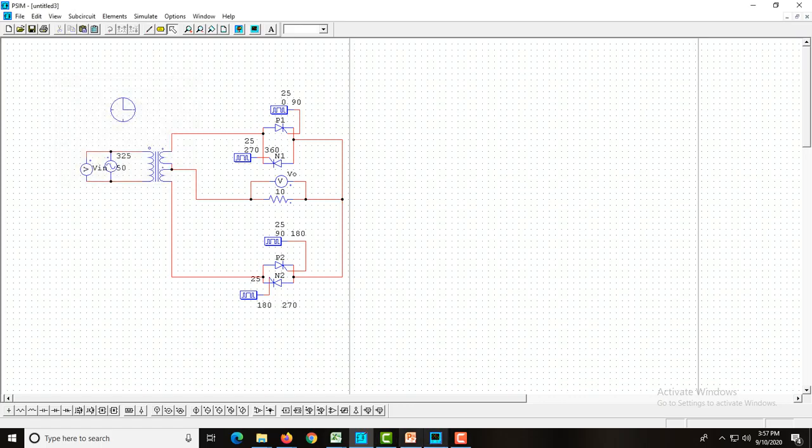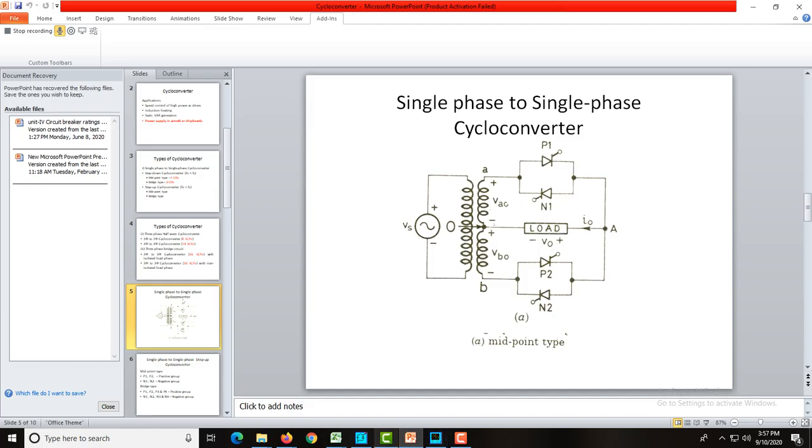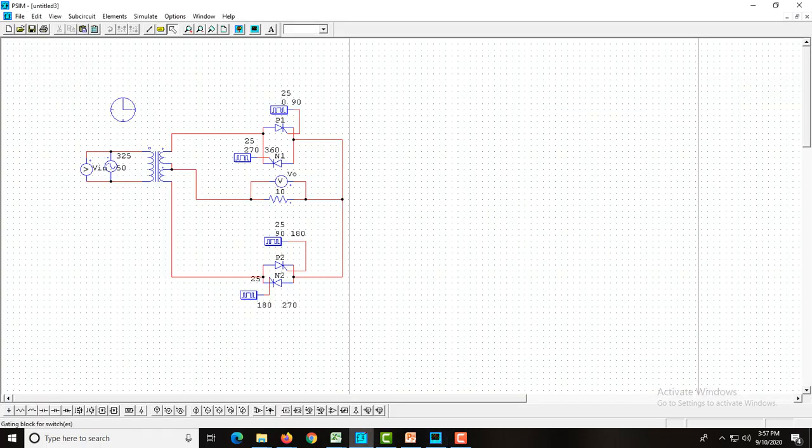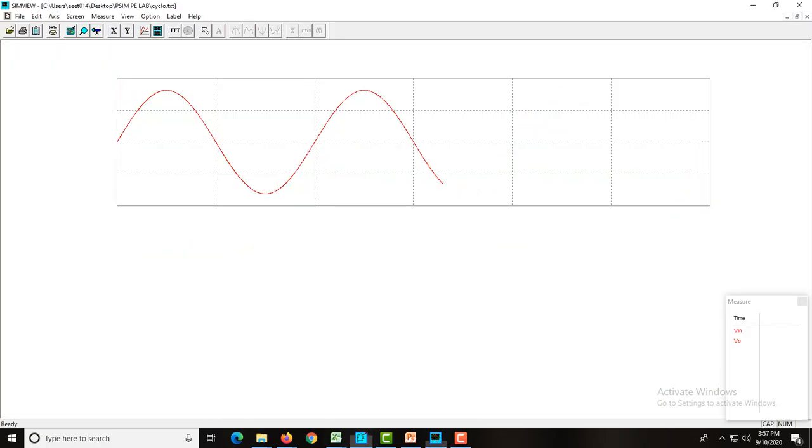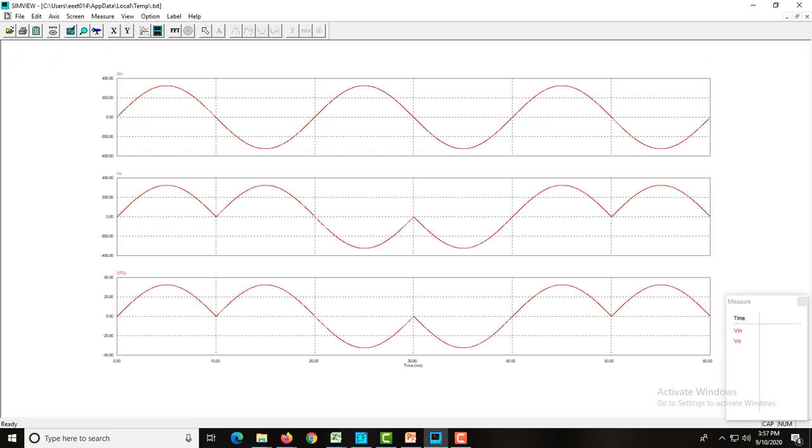So this we have discussed over in the PPT. So 0 to 90 P1, 90 to 180 P2, 180 to 270 N2, 270 to 360 again N1. P1, P2 sequence, and again next sequence will be N2 and N1. So on running this, we will get the output like this.